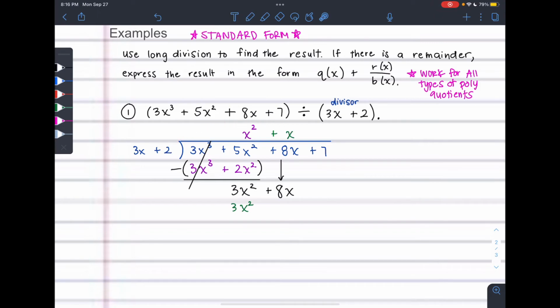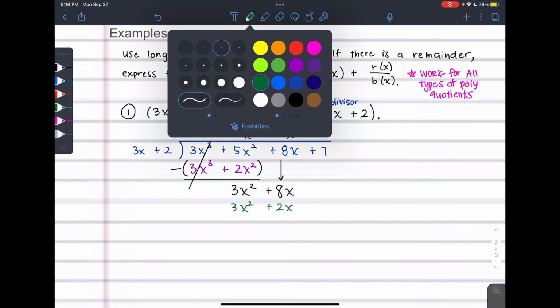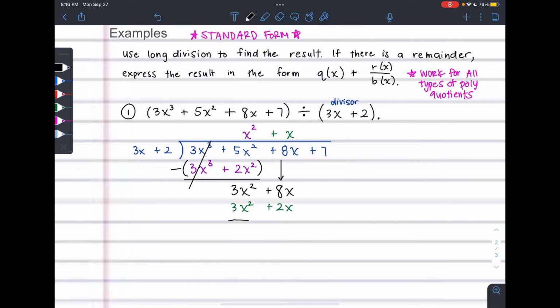X times 2 is 2x. Once we get that subtracted off, 3x squared minus 3x squared will go away. 8x minus 2x gives us 6x.